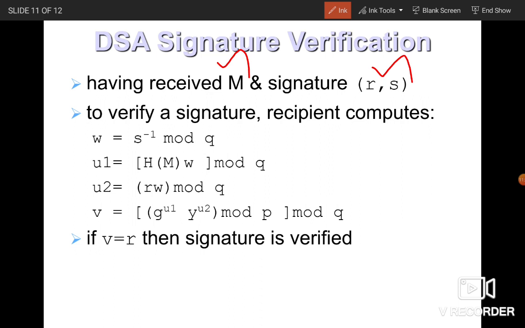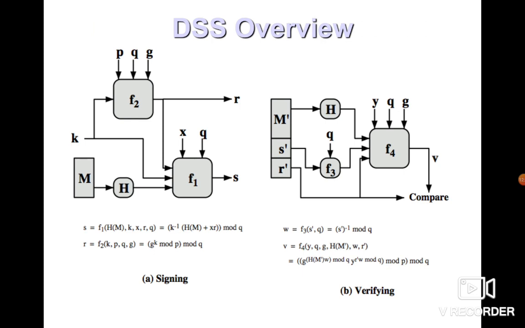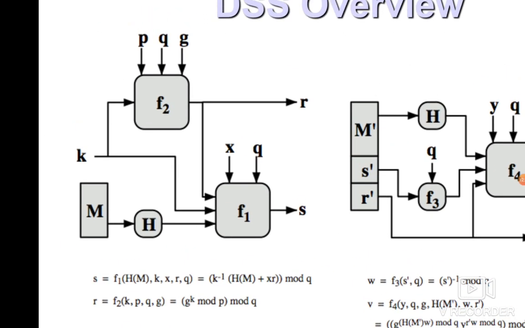So S inverse modulus Q. And U1 is H of M into W modulus Q. And U2 is R into W modulus Q. And V is G power U1, Y power U2. So G is the global value and Y is the public key. So U1, U2 in the previous steps we have calculated, modulus P, modulus Q. Then we compare V with R. If both are equal, then the signature is verified. Okay. So this is the overview.